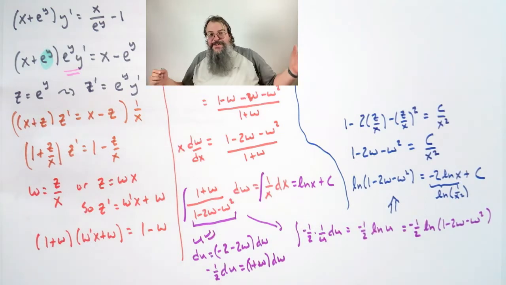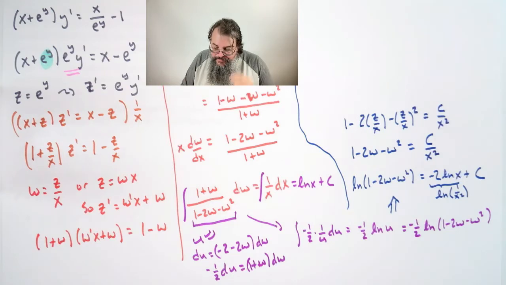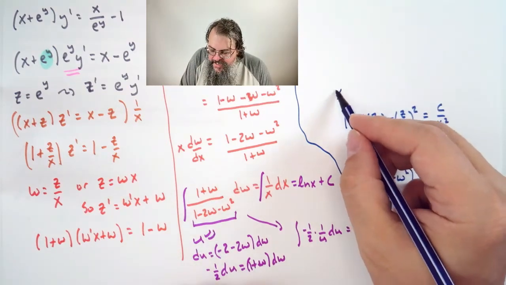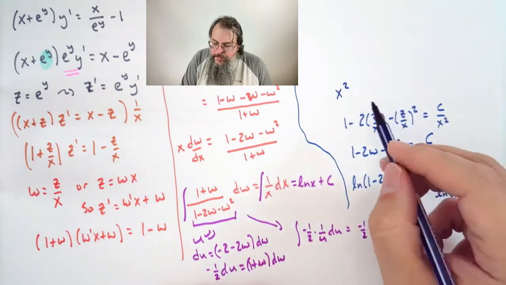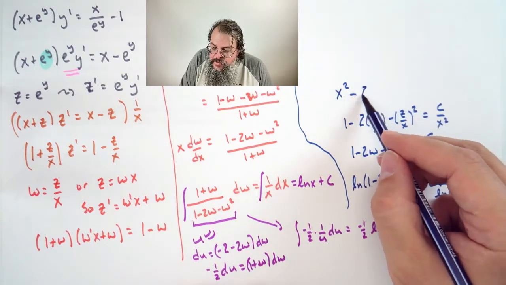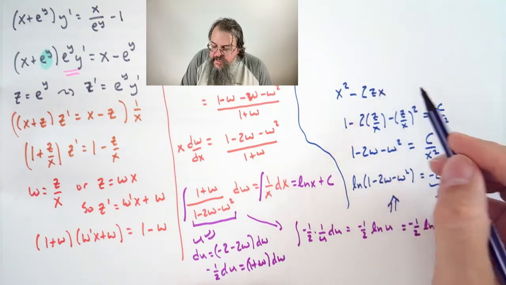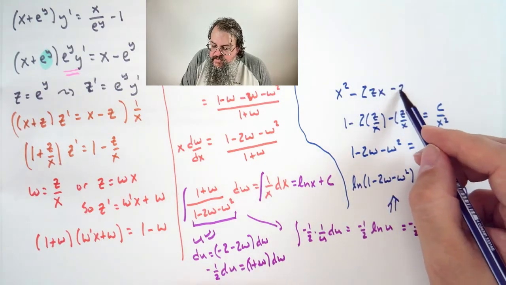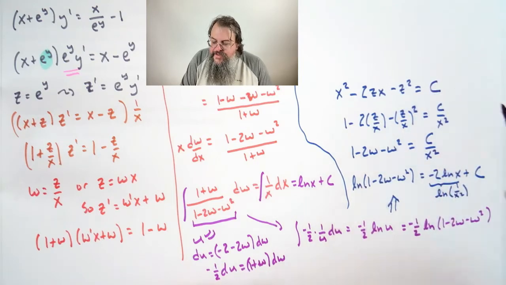Let's multiply through by x squared, just so things look nice. Get rid of all our fractions that way. We'll get x squared minus 2zx minus z squared equals a constant.